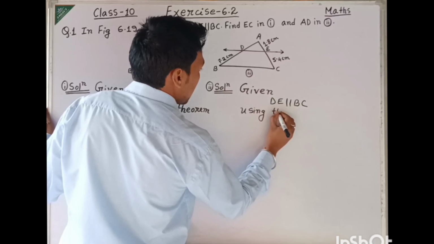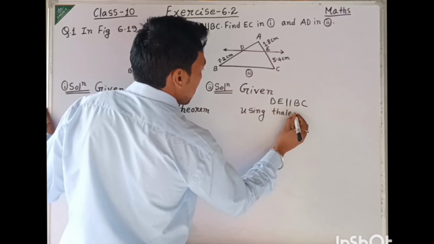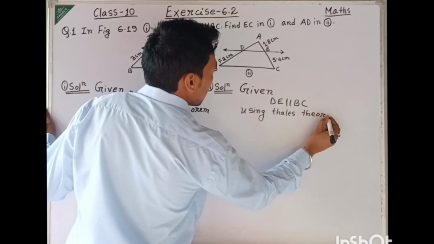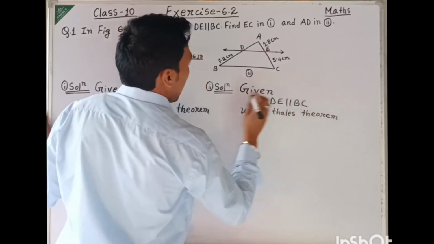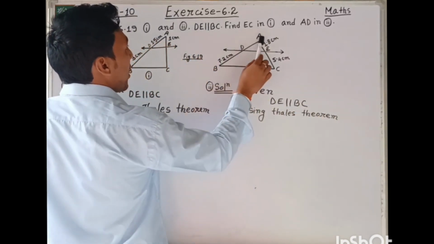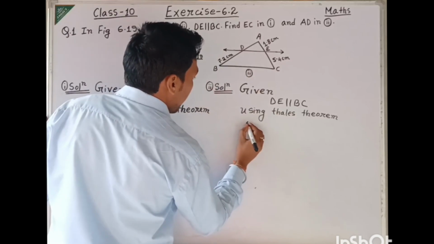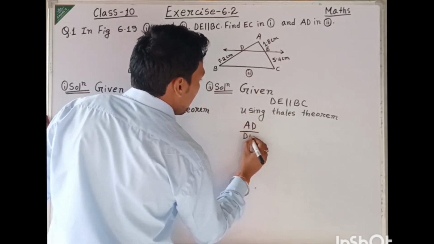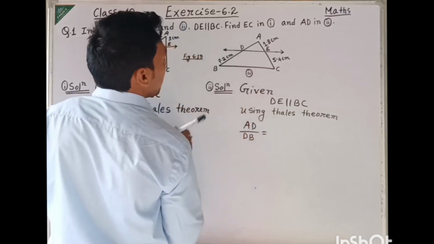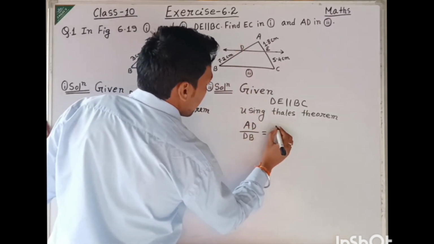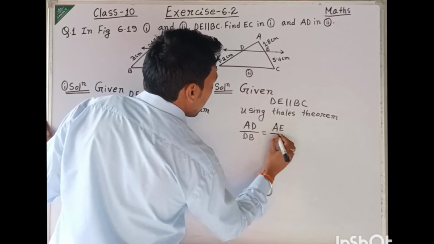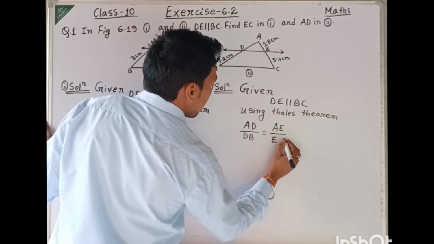So using Thales theorem, in exactly the same way I'll write AD by DB equals AE by EC.